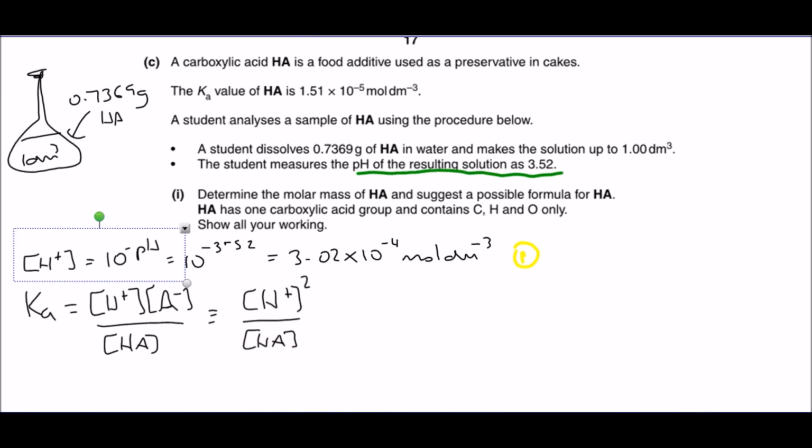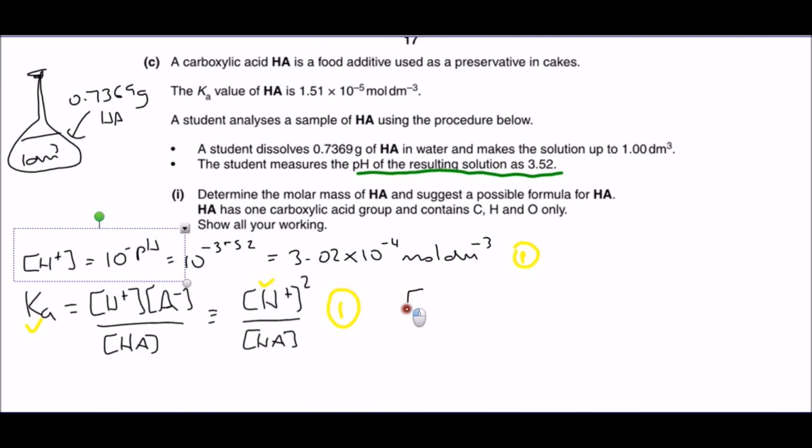So we're going to get a mark for writing out which equation we're going to do, and then we need to rearrange and substitute in. We've got Ka given to us in the question, and we've got H+ because we've just worked that out.